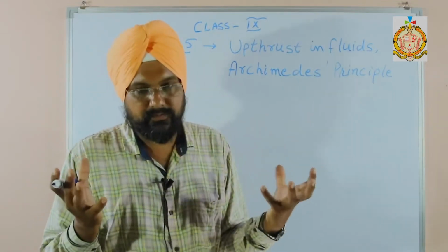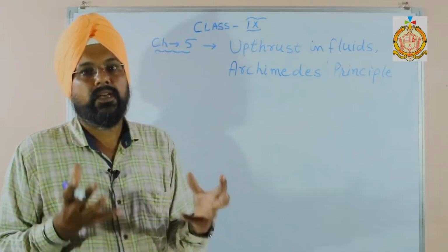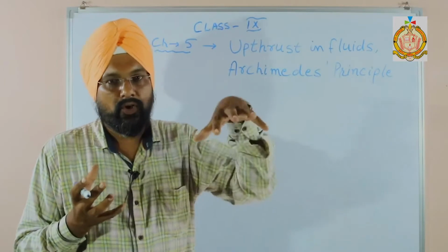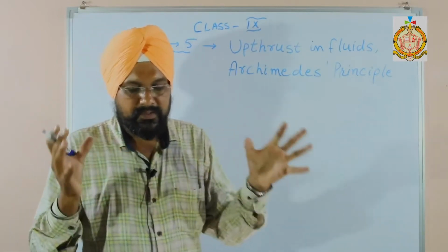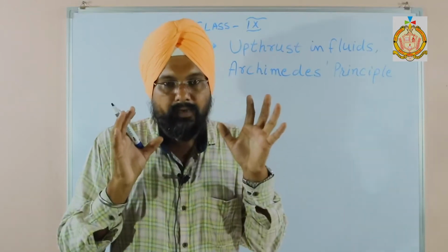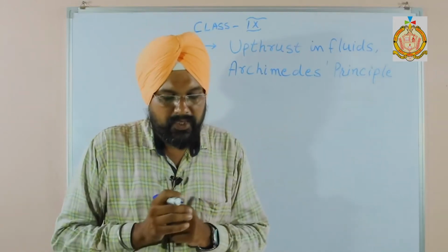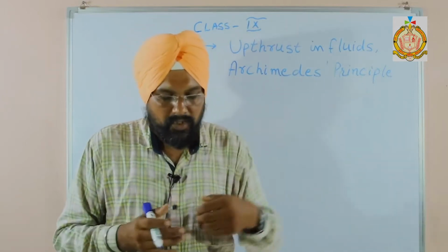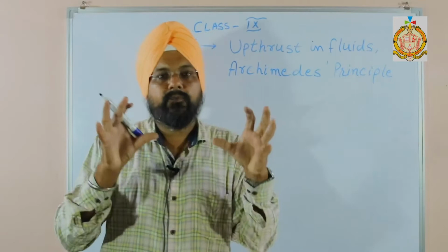The liquid. The liquid applying force upward on the submerged object to float it on the surface is called upthrust. So when a body is partially or wholly immersed, meaning submerged, in a liquid, an upward force acts on it.